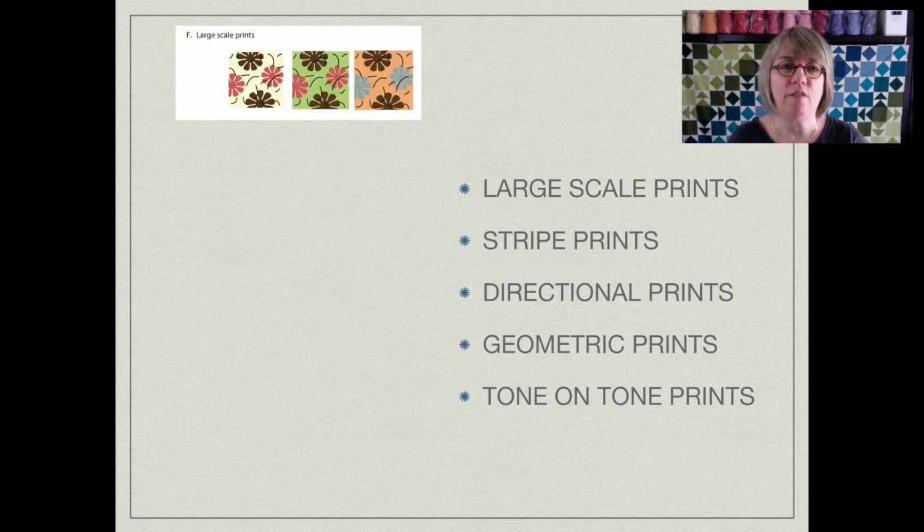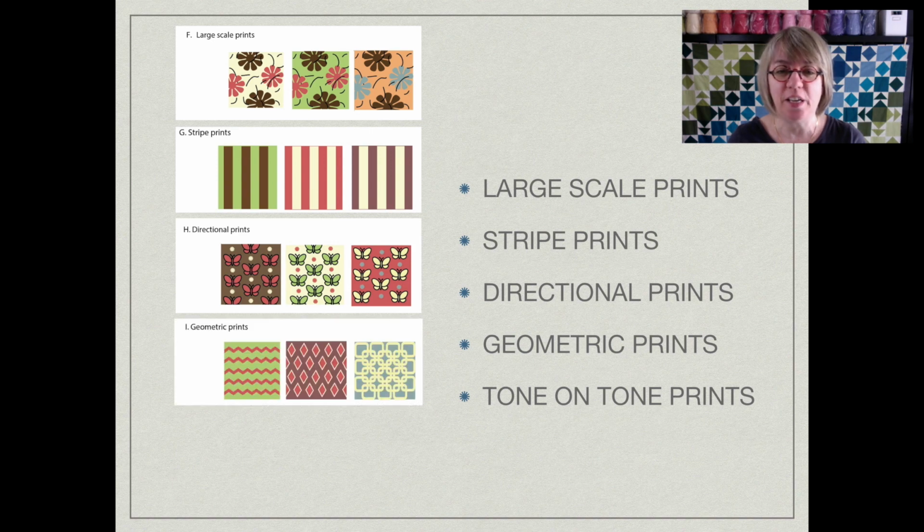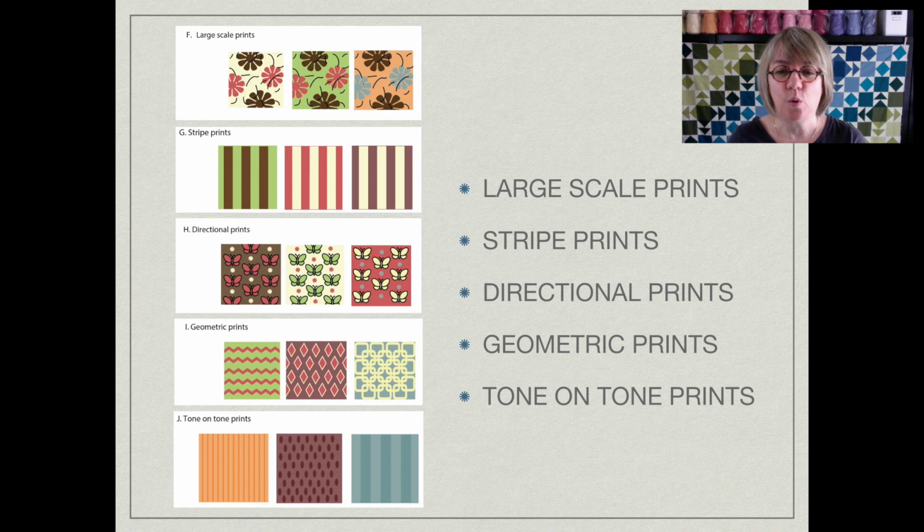You can also have large scale prints, stripe prints, directional prints, geometrical prints, or tone-on-tone prints. Usually a fabric collection will be made up of all these different prints because the more variety, the better for your blocks.